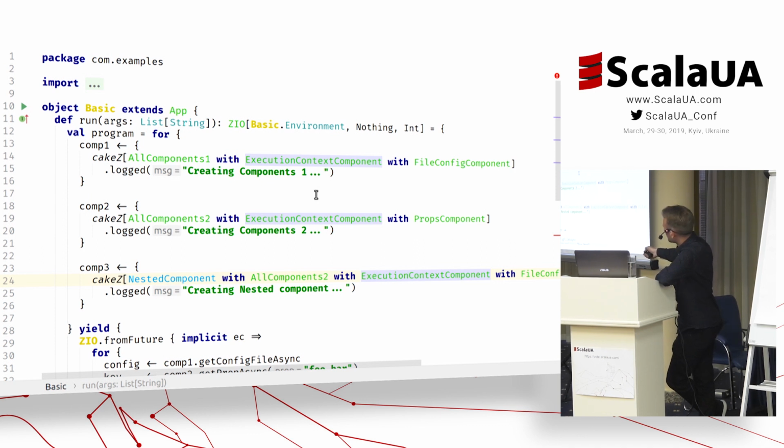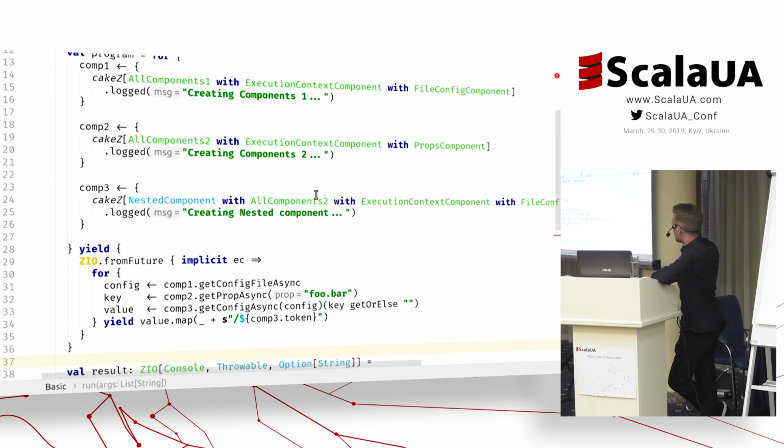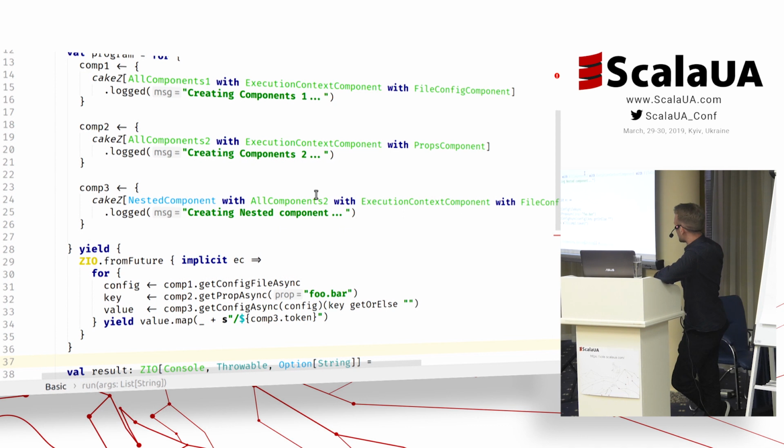Then we can create the second one, the third cake, and then we can perform some useful computations. Let's get the config file asynchronously. Let's look up some property, look in the configuration file for some key, and return. The value is optional, so we can perform some computations upon the option.